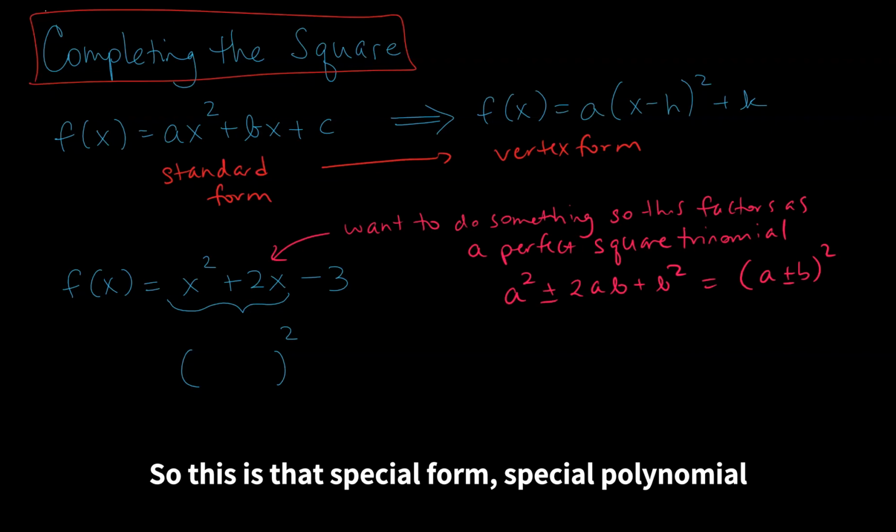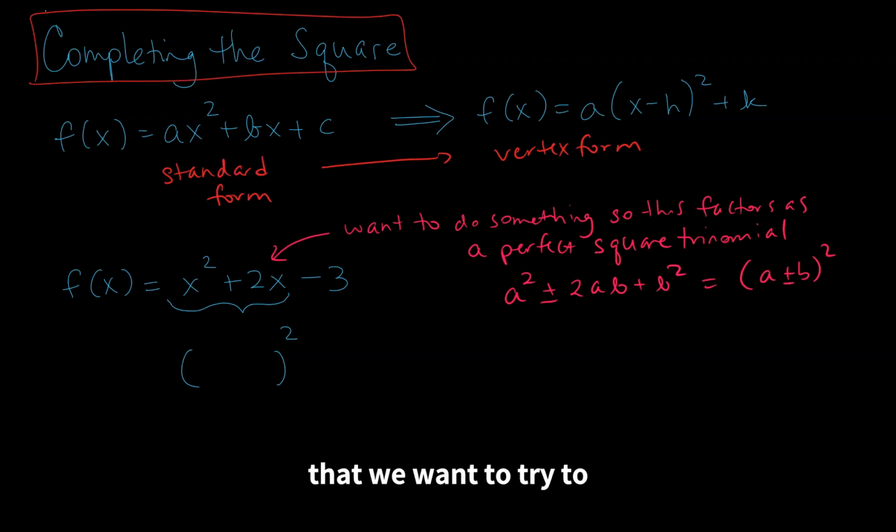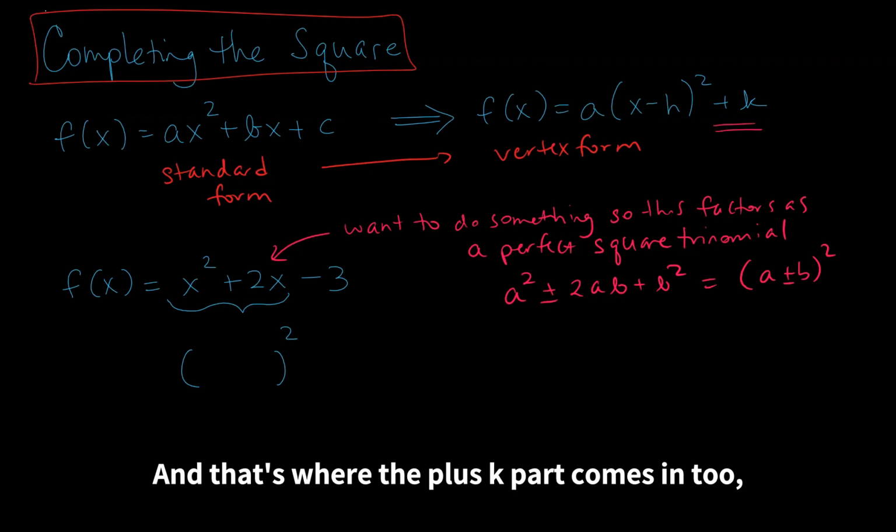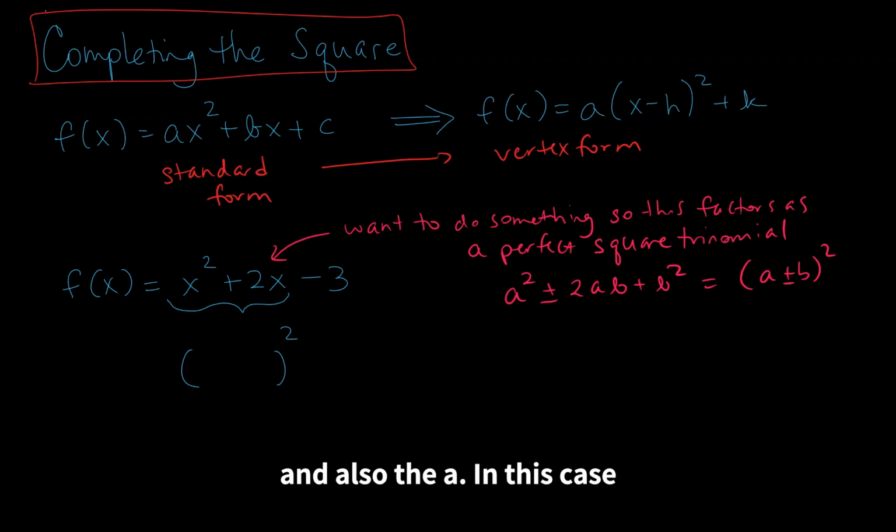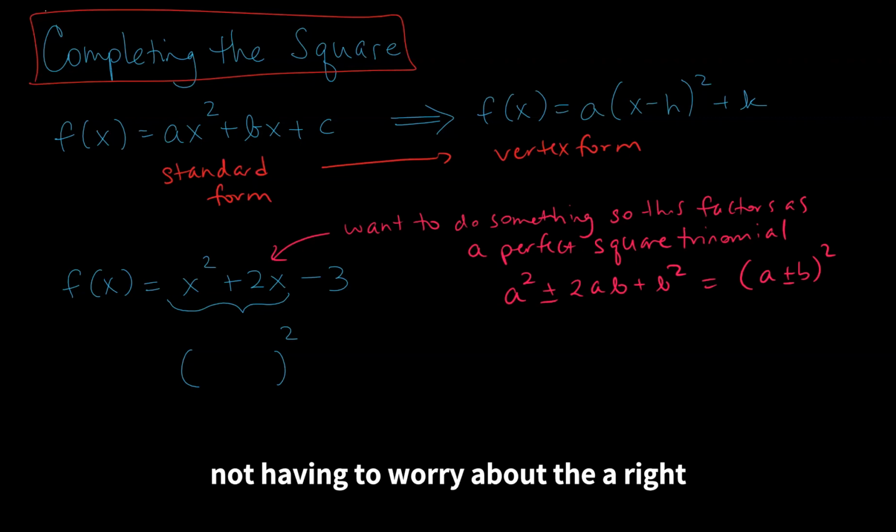So this is that special form that we want to try to turn this quadratic function into, but we're going to have leftover bits, and that's where the plus k part comes in, and also the a. In this case, though, a is 1, so we're not having to worry about the a right now.